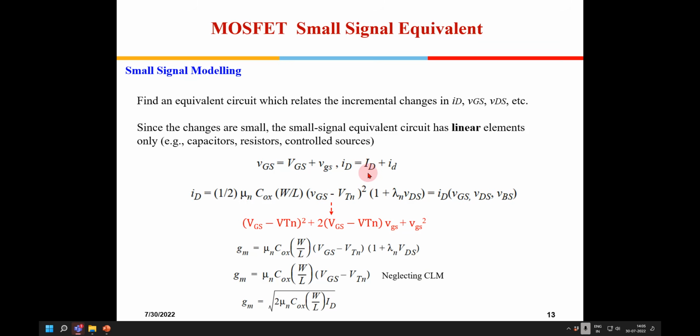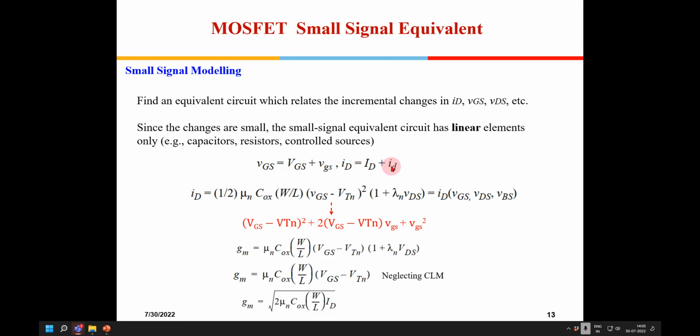If I do a differentiation, then the bias term goes to 0.